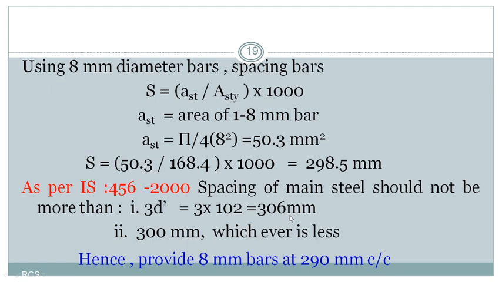Multiplying, we get 306 mm, and the second condition is 300 mm. The lesser value is 298.5 mm, so round this figure off to 290. Hence provide 8 mm bars at 290 mm center to center.